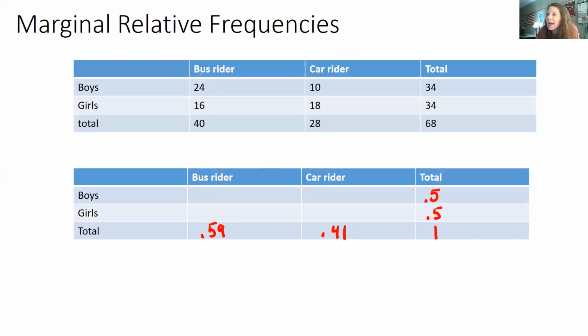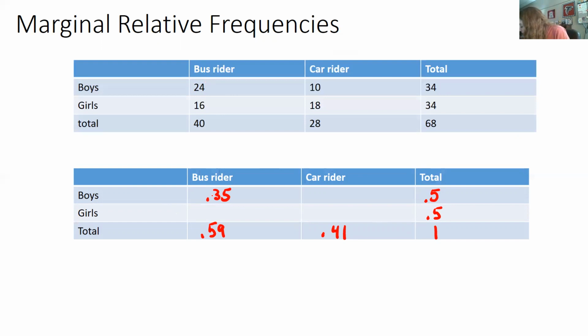Now we want to know how many of the total students, what fraction or what decimal of them, were boys and bus riders. So we would have 24 out of 68, which is about 35%, or 0.35. 16 out of the grand total were girls and bus riders.